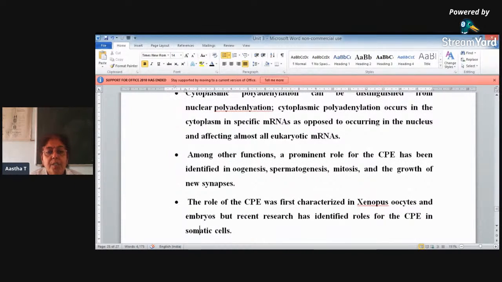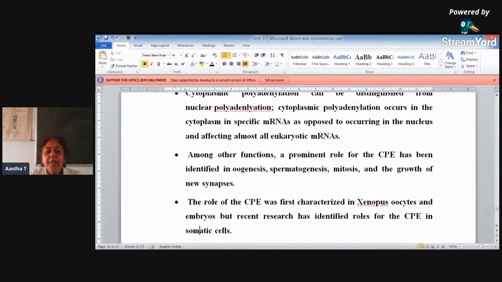Among other functions, a prominent role of the cytoplasmic polyadenylation element is identified in oogenesis, spermatogenesis, mitosis, and new growth of new synapses. तर ह्याच प्रोसेसेसमध्ये पॉली ए टेलचे एक्सटेन्शन दिसून येतं.